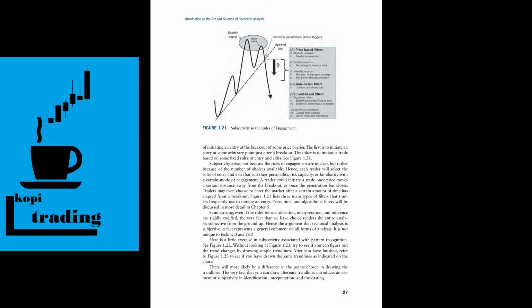A trader could initiate a trade once price moves a certain distance away from the breakout or once the penetration bar closes. Traders may even choose to enter the market after a certain amount of time has elapsed from a breakout. Figure 1.21 lists three main types of filters that traders frequently use to initiate an entry. Price, time, and algorithmic filters will be discussed in more detail in Chapter 5.